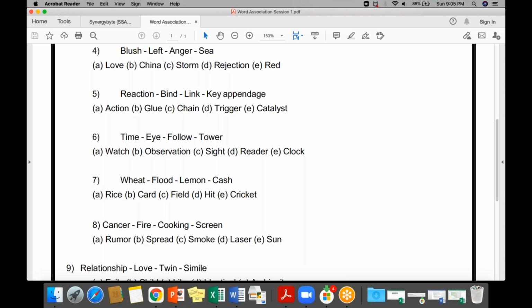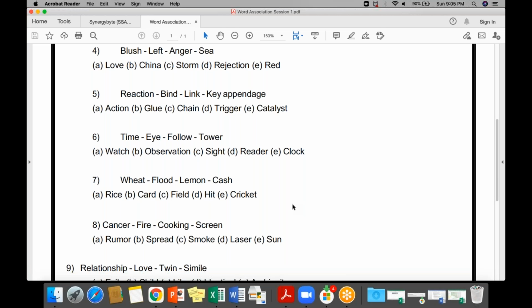Right. The other is food crops. So rice is considered to be a cash crop, and that is how rice is connected with the word cash. Rice is my correct answer. Is it clear to everyone? Question number 7, why am I going for rice as an answer and not field?